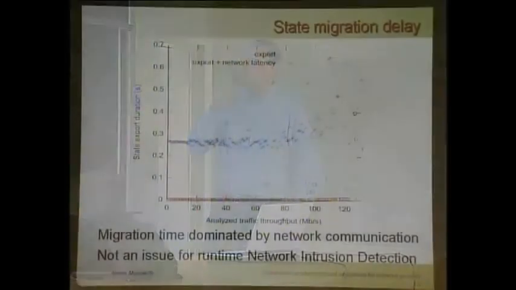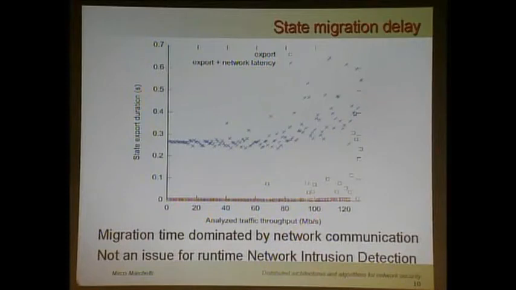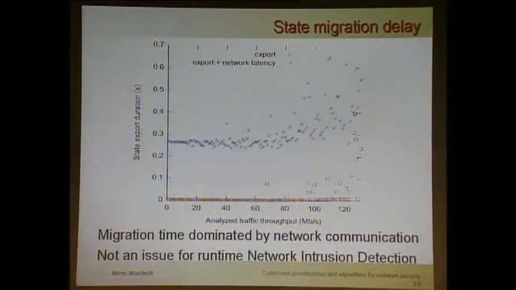Now, this graph represents the delays that are introduced with state migration. As I said before, one of the requirements was to operate state migration with low delays. On the y-axis, we have the time required for state migration to happen, and on the x-axis, the analyzed traffic throughput. The red squares represent the time that is required only for state export. That is, the time required for the state migration management layer to access the internal data structure and create the external state representation. As you can see, this time is very low.